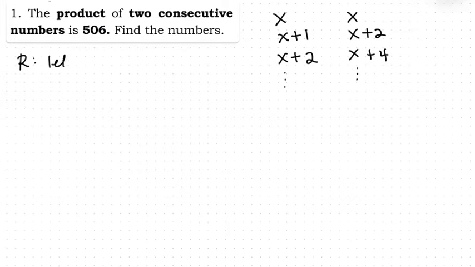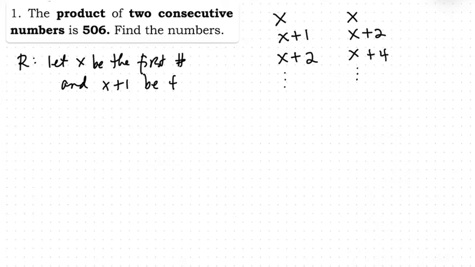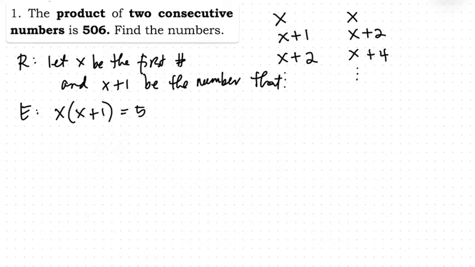Representation po natin is let x be the first number and x plus 1 be the number after that. And then, for your equation, what does it look like? Since product ang hinahanap, so x times x plus 1 equals 506.